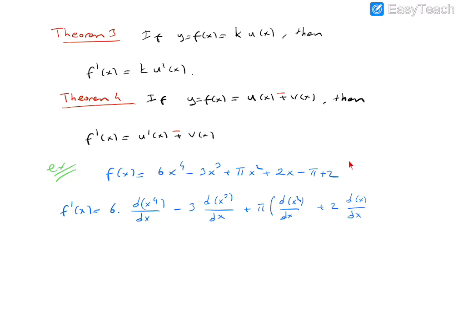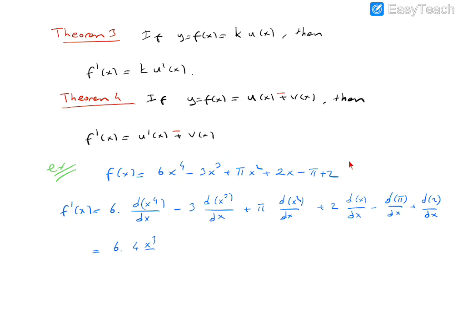Then the derivative of pi with respect to x, plus the derivative of 2 with respect to x. This should be minus, sorry. By applying the power rule, 6 times the derivative of x to the power 4: n is 4, so 4 times x cubed.